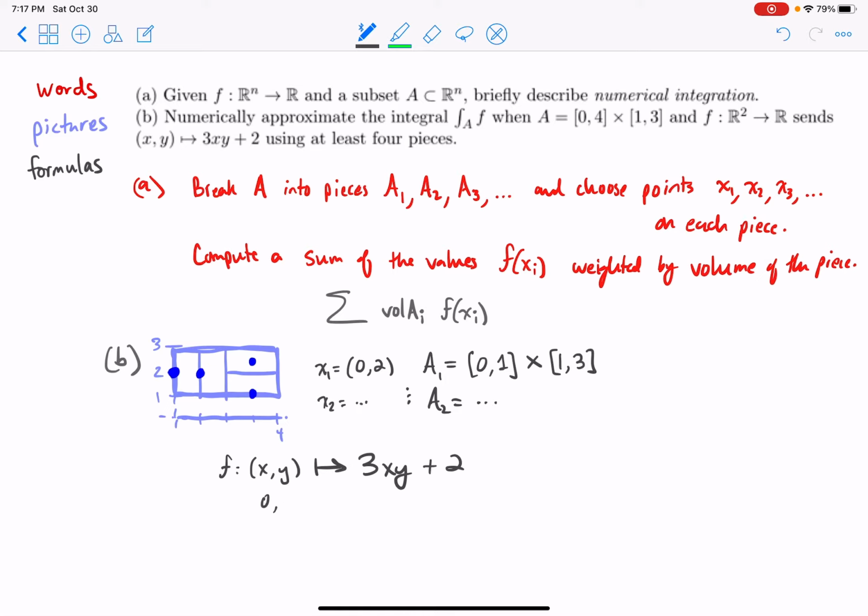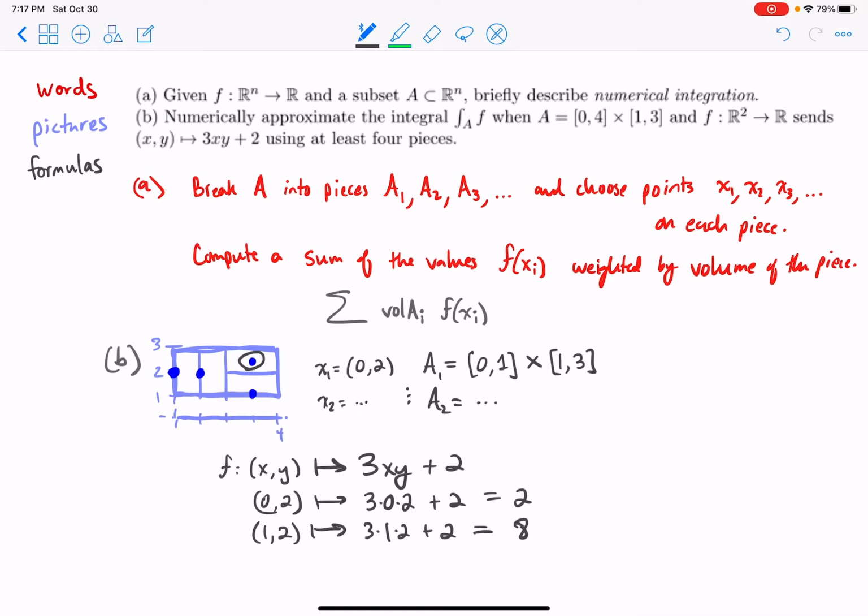For example, at x1, this gets sent to 3 times 0 times 2 plus 2, which is 0 plus 2, so 2. This point is (1, 2), and that gets sent to 3 times 1 times 2 plus 2. Well, 6 plus 2 is 8.